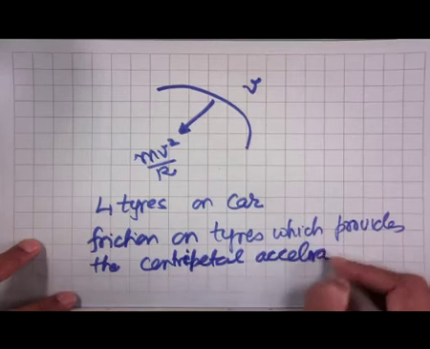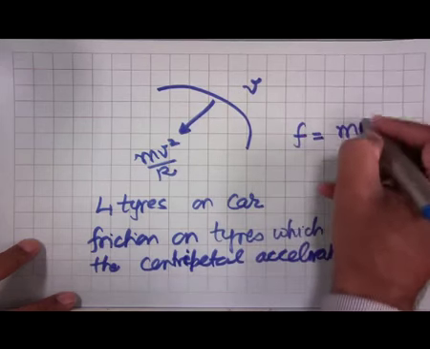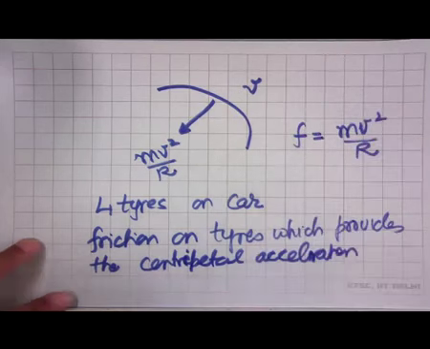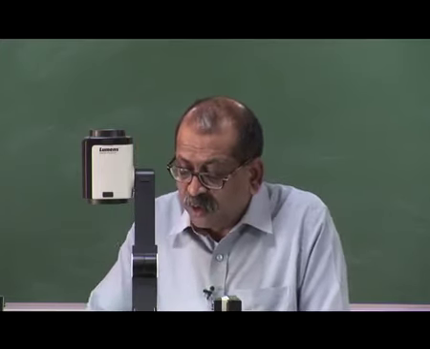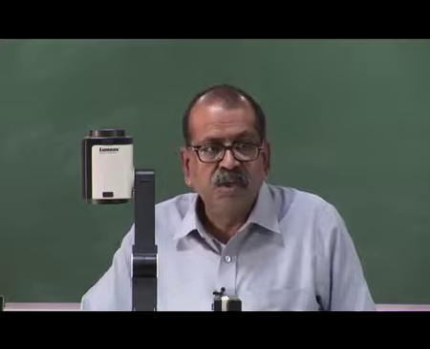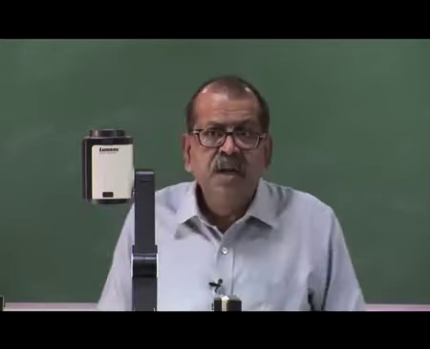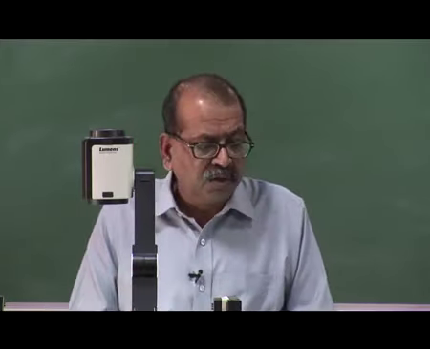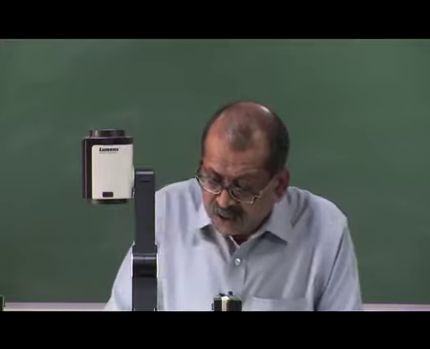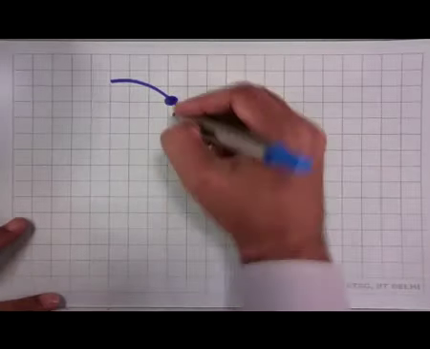That means the friction force has to be equal to mv square upon r, and if there are 4 tires, then the total friction force on the 4 tires will sum up to give this value mv square upon r. Let us now analyze the passenger sitting on the rear seat of the car. So, we draw the free body diagram of the passenger. The car is moving like this.